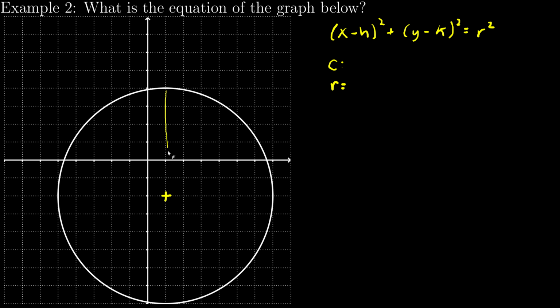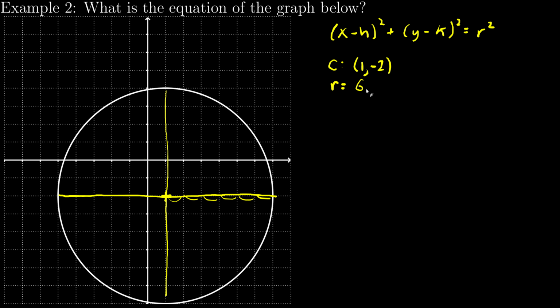Some of you may be better served by actually drawing the sort of crosshairs, these two horizontal and vertical diameters, to see that my center here is (1, -2). And then my radius here, I'm just going to count it off. So 1, 2, 3, 4, 5, 6.